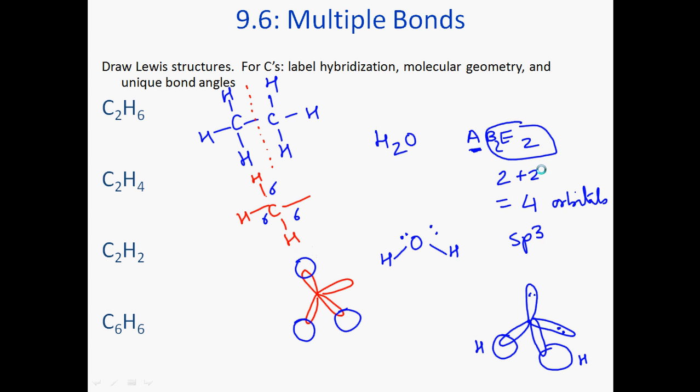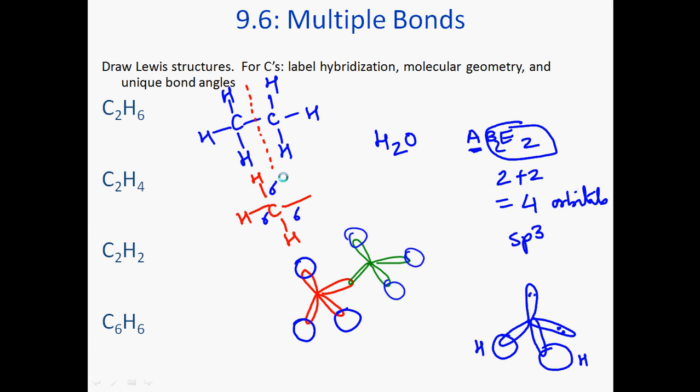And on the other end, you will draw another carbon with tetrahedral orbitals, and then there will be overlap of 3 hydrogens over here.